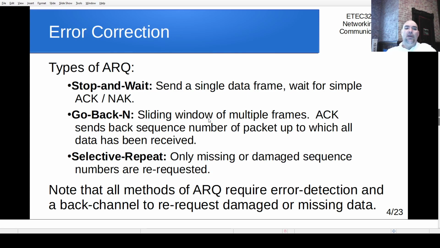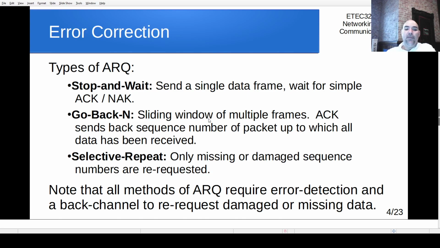One thing to note about all of those: these are all ARQ methods, and because they're all ARQ methods, there's something important to keep in mind. With an ARQ method, we have to have a back channel, and we're also using some sort of error detection on the packets. In other words, one of the methods we saw before, probably a CRC, would be used, and if the CRC detects that there's an error, we re-request it.